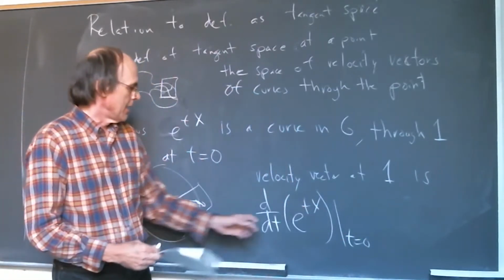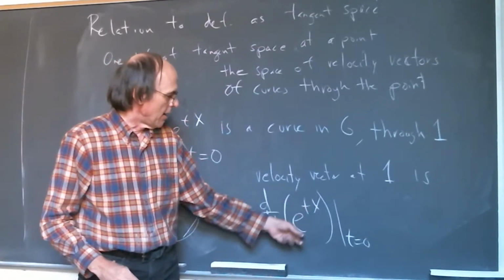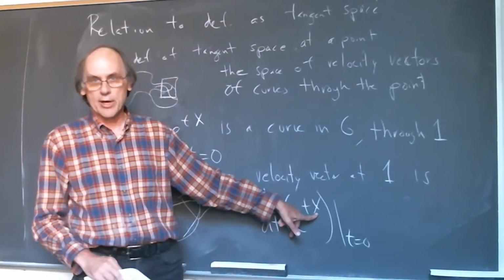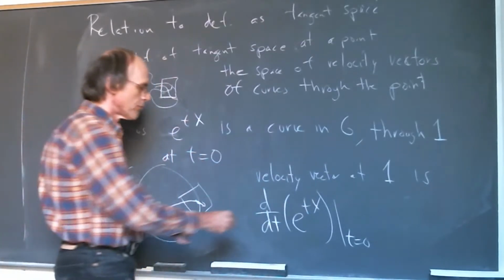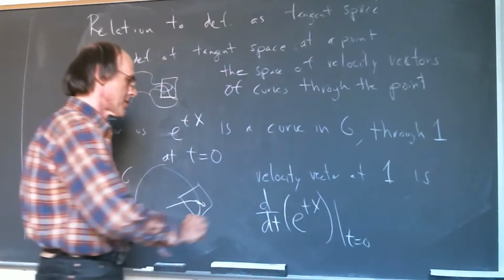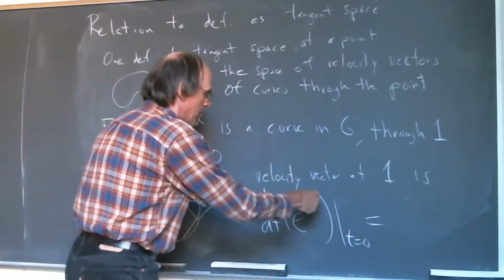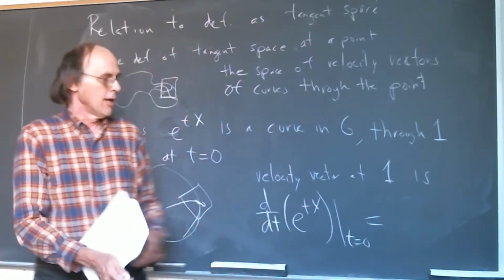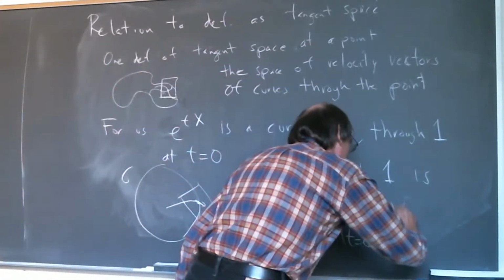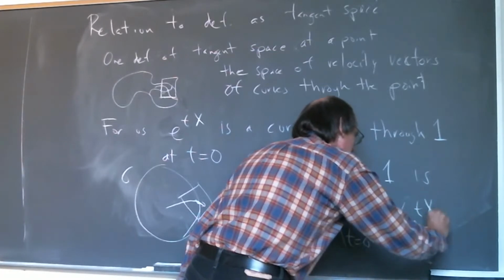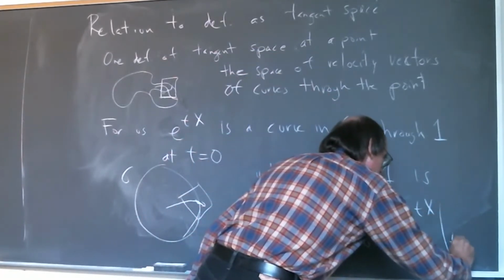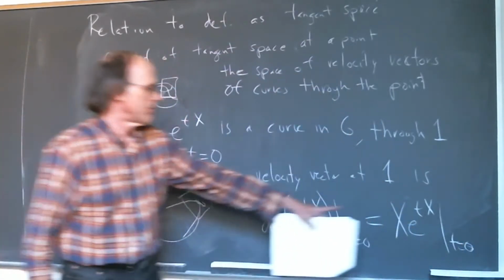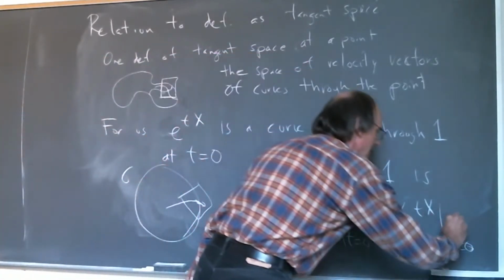Taking the derivative with respect to t of this matrix, e to a parameter times a matrix, just pulls down a factor of X, so you get X e to the tX at t equals 0. But this is then just X.